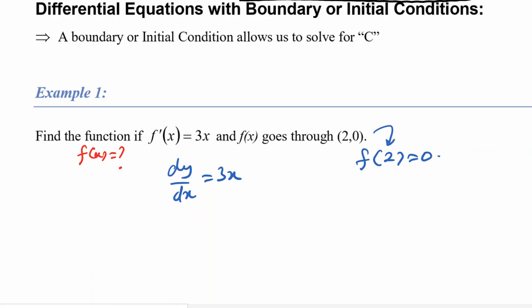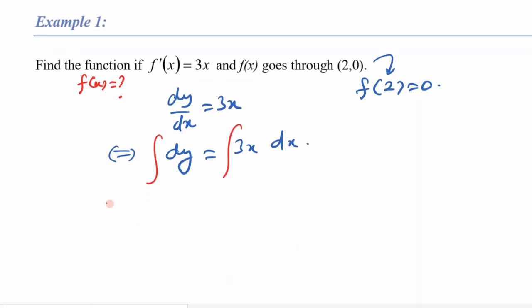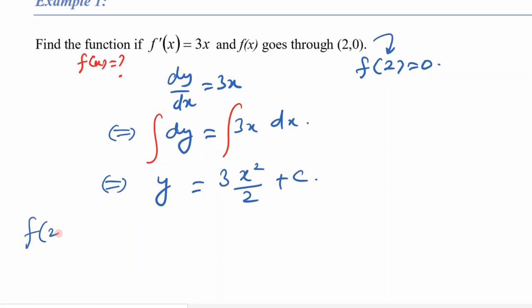All right, so let's start solving our equation. The first step is to separate the variables. Once you have separated the variables, now is a good time to take the integral on both sides. Taking the integral of dy, we get y is equal to 3x squared over 2 plus c. Now f(2) equals 0, so let's use our condition. When x is 2, y is 0.